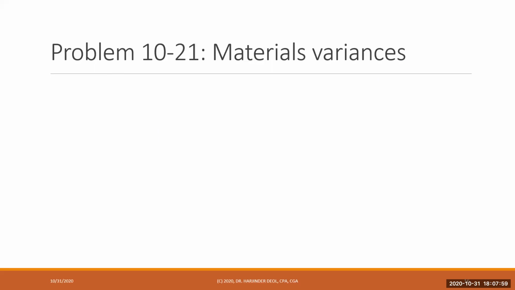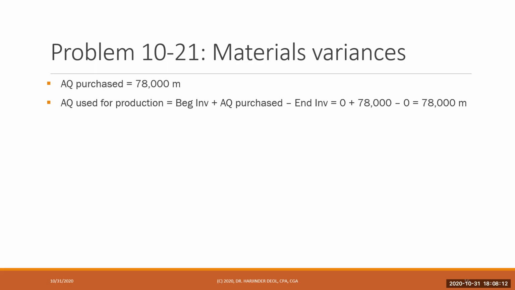To compute the materials variances, we need some information handy. We need the actual quantity of materials that was purchased. So in this problem, 78,000 meters. We need the actual quantity that was used for production. Keep in mind that the actual quantity used for production will not always be equal to the actual quantity purchased.